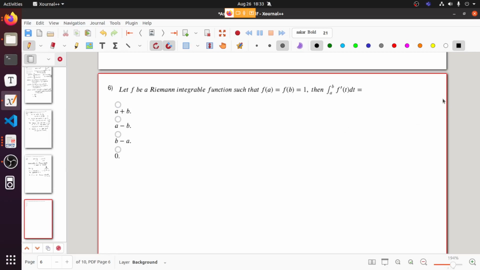It is saying f is a Riemann integrable function and f of a equals f of b equals 1, and you have to calculate the integral from a to b of f dash t dt.